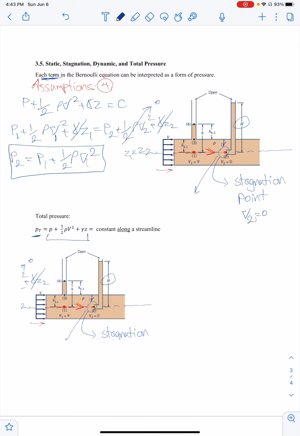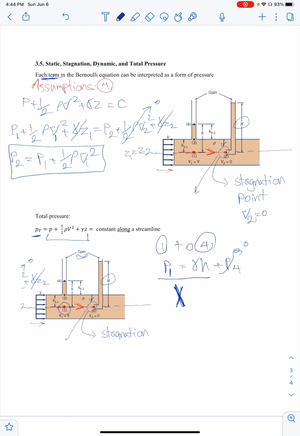Can I write down for this P1 here? Remember, in the previous chapter, if I want to relate P1 to P4, we write P1 is equal to gamma H plus P4, right? And P4 is open, so it's going to be P atmosphere, which we consider as gauge pressure, which is 0. So it means that P1 is going to be gamma H. But can we do that here? We cannot do that here.